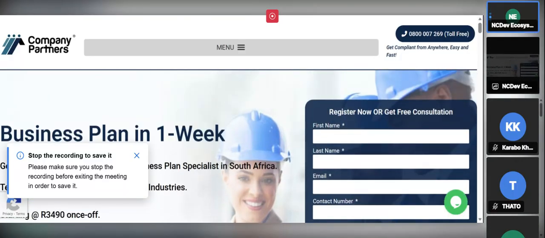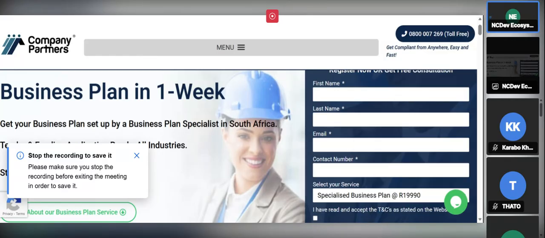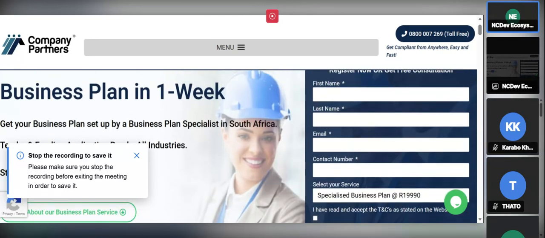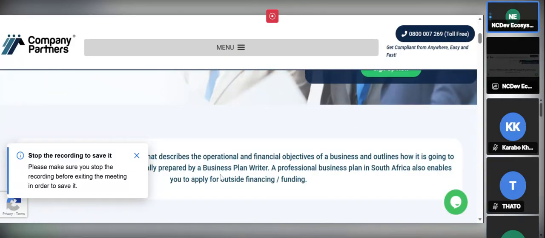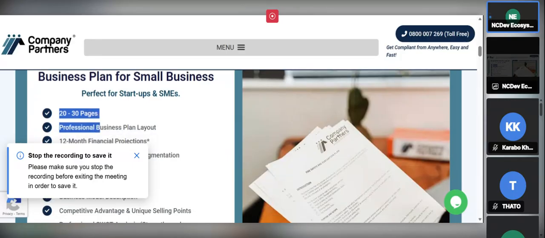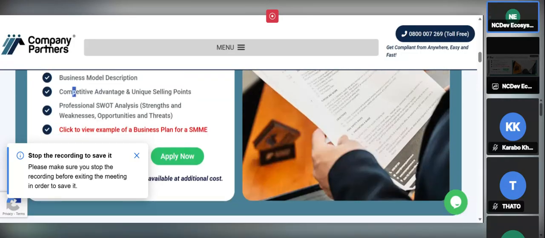So just there alone, it's killing us slowly, because already you don't have the money for this business plan, and you don't have time to write now already a 20-page, 30-page document, covering all of these different areas: market analysis, competitor analysis, the business model, the advantage, your unique selling points.